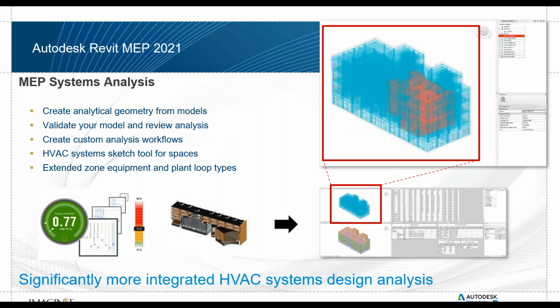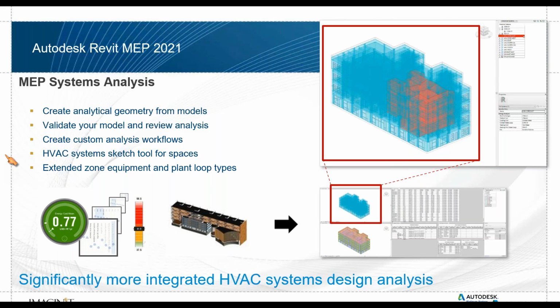Again, one of our really big enhancements is the ability to create analytical geometry, which really gives us the ability to create a system without actually needing an architect's model. Even if we're working off of a 2D plan, you can quickly sketch out layouts, define different zones, attach preliminary equipment, and then further refine as more detail is added.